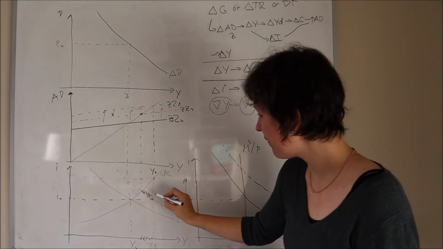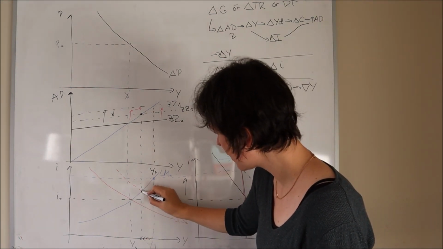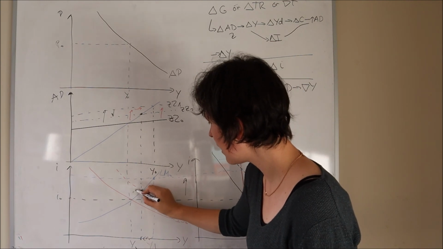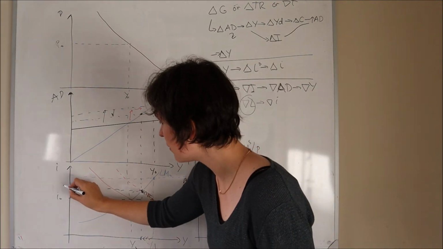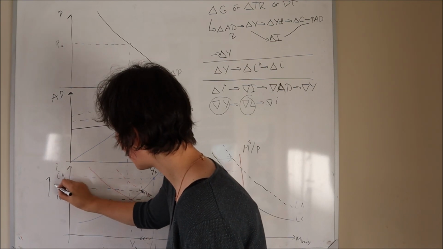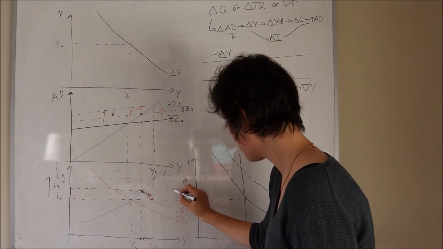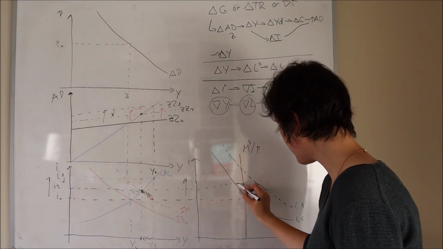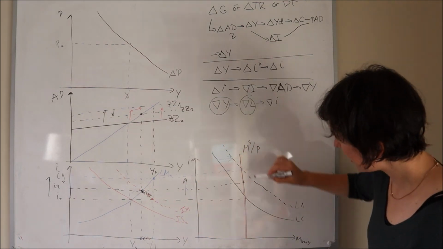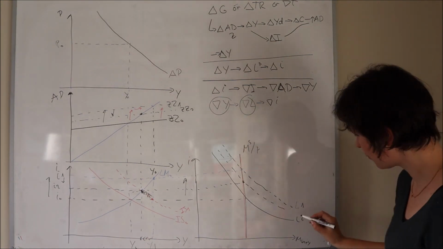So I know that eventually the level of production is going to be here. So that means that here is going to be the interest rate of equilibrium. So initially it grows a lot and then decreases a little bit. Okay, so I know that it's going to be there. So that is going to help me to make the graph of the demand of money, which is going to be here, in between the other two.